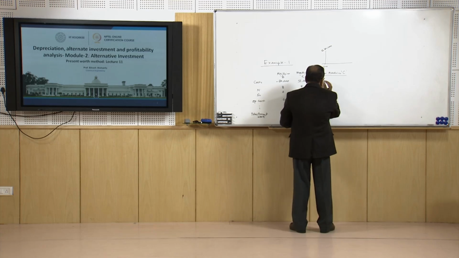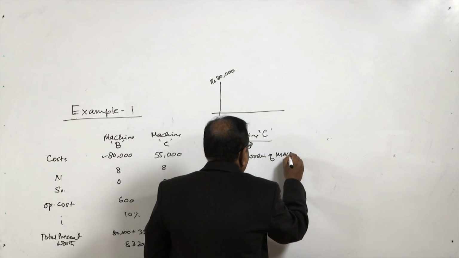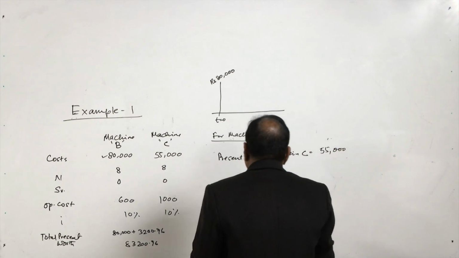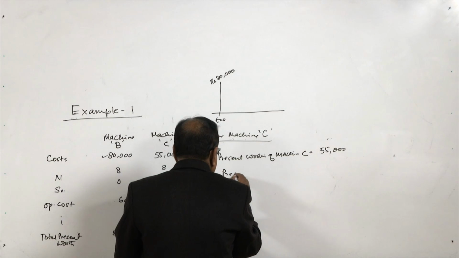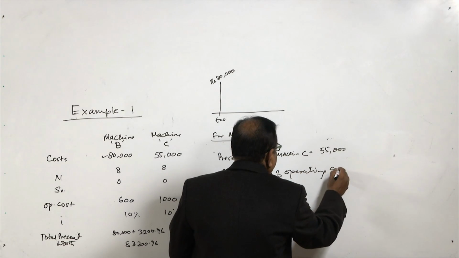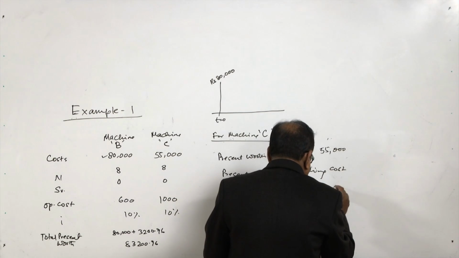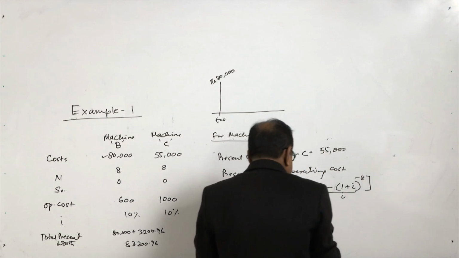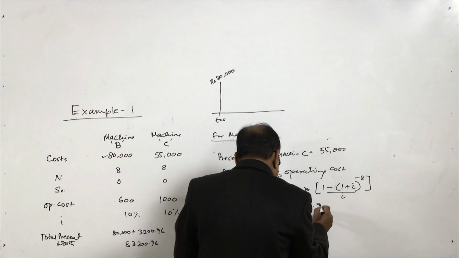So, the present worth of machine C is equal to 55,000, because the cost will be spent at time t equal to 0, and the present worth of operating cost is equal to 1000 into 1 minus (1 plus i) to the power minus 8 divided by i, and this comes out to be 5334.93.